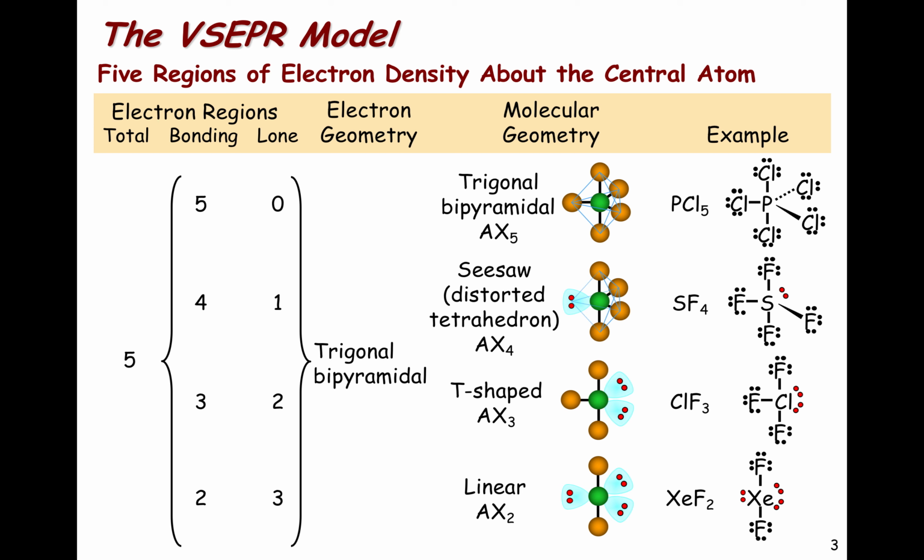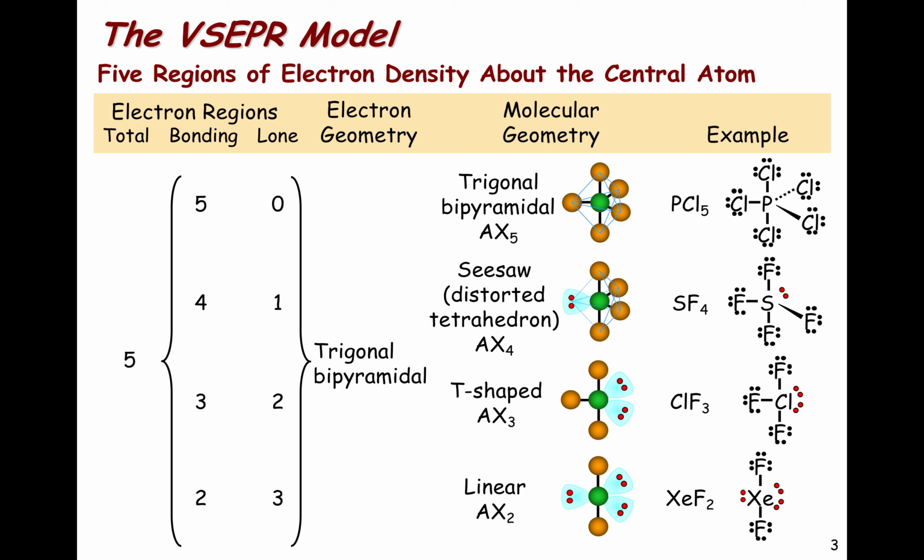This slide summarizes the possibilities of the various shapes, and it's recommended that you memorize these. If all 5 of the positions are bonding, as in something like PCl5, then the molecular shape is described as a trigonal bipyramidal structure.